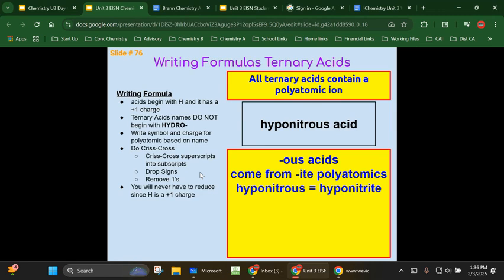Hyponitrous comes from hyponitrite. What is the formula for hyponitrite? NO, still a -1. Still put it with hydrogen. HNO, aqueous. Questions?